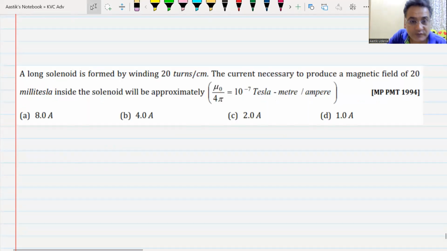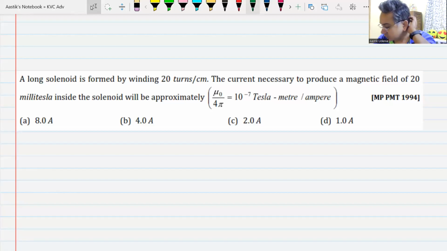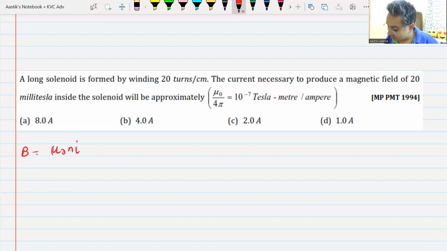This is the next one. Do it fast. So the magnetic field inside a solenoid is mu naught n I. Magnetic field is given as 20 millitesla, 20 into 10 raised to the power minus 3.